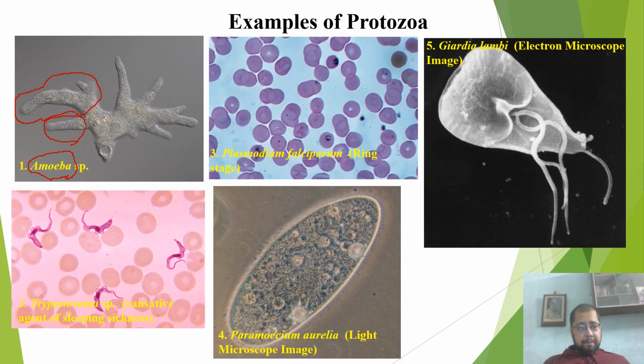Then we have the Trypanosoma, which, as I mentioned before, is responsible for causing sleeping sickness and is transmitted by the tsetse fly. Then Paramecium aurelia under the light microscope.